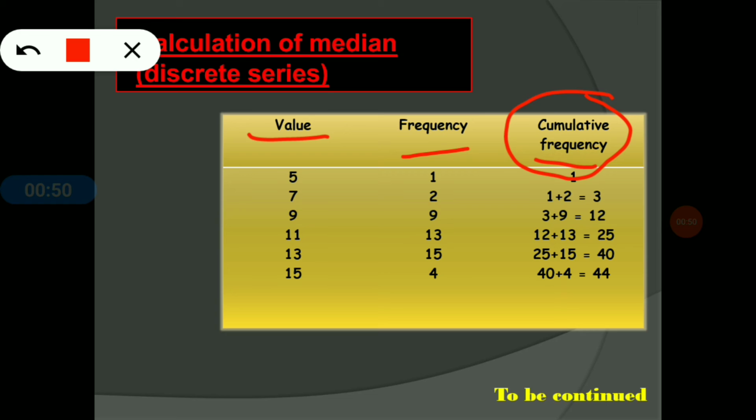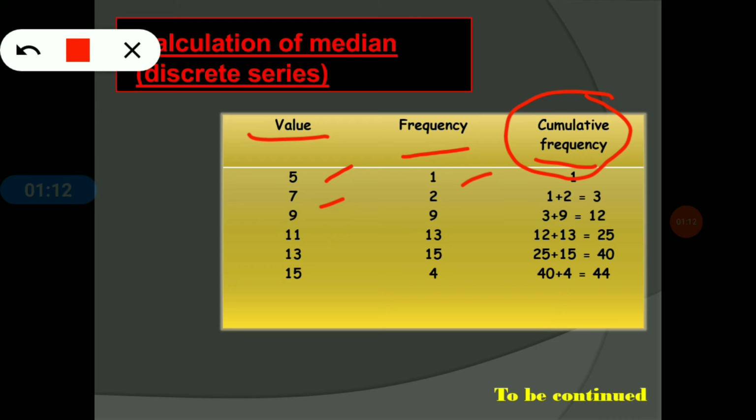For the first variable, the frequency is equal to 1, and the cumulative frequency for the first variable is also equal to 1, because this is the first value and there is no previous frequency. Okay. So now going to the second value.